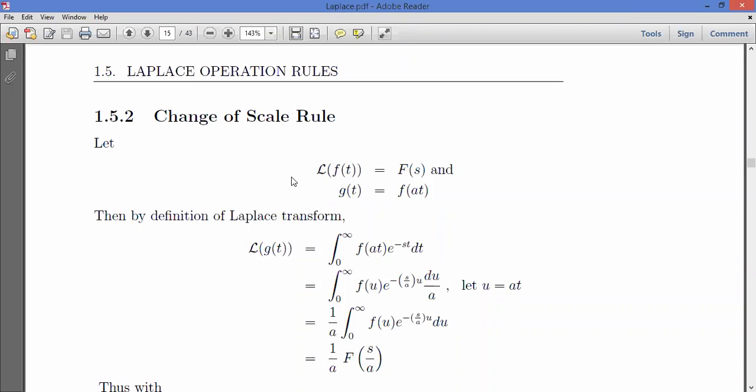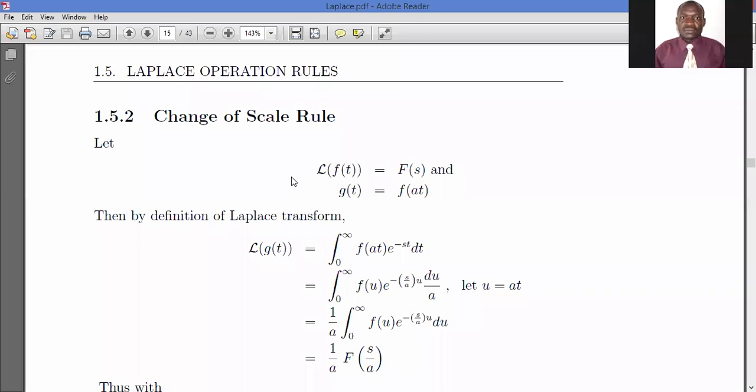You may find that rescaling could reduce the cumbersomeness of the computation that one would have to endure. So it is necessary that you know how to change the scale.